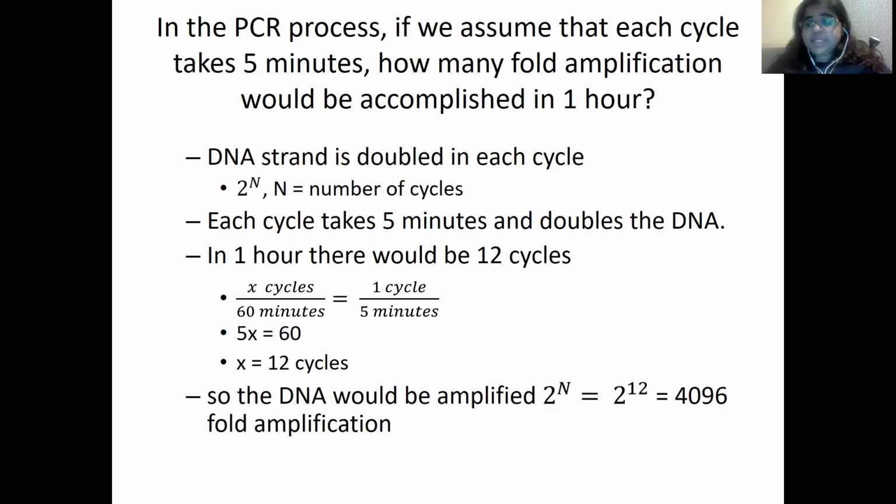Then you put it into 2 to the n, which gives you 2 to the 12th, and that's how you get 4096 fold amplification. I hope that makes sense. If you guys have more questions on this, please let me know.